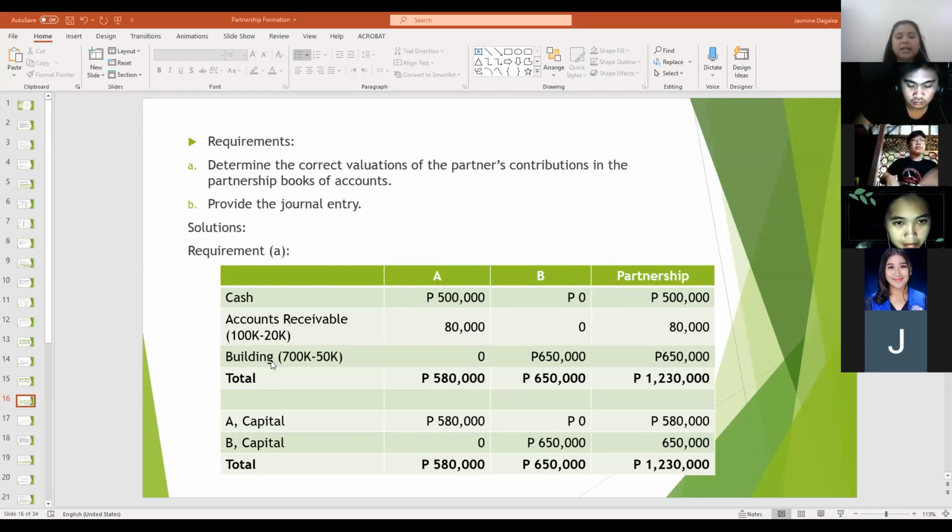The building is under depreciated by 50K. So you will extend only 650,000 as contribution of partner B, which you will be extending to the partnership, 650,000. So total is 1,230,000.